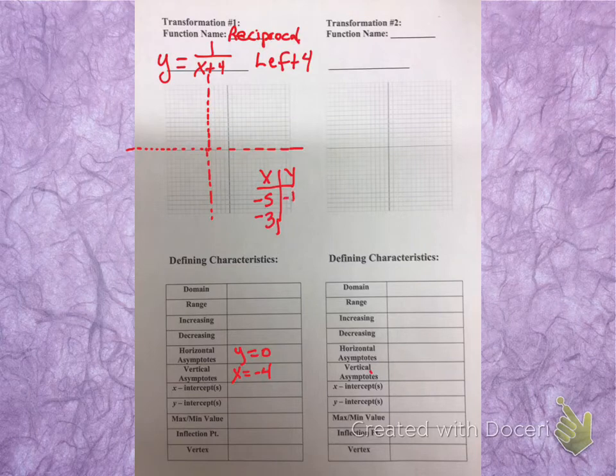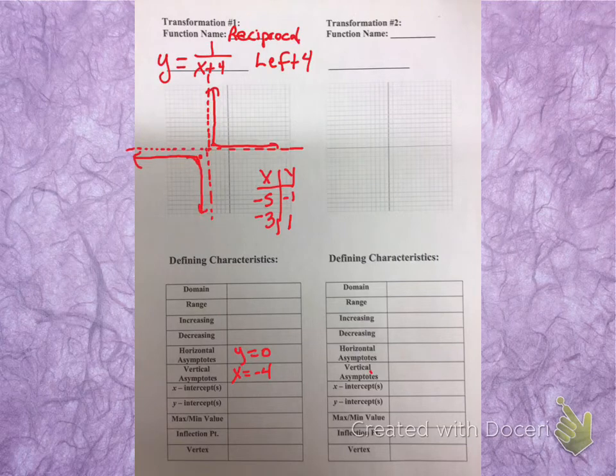If I plug -3 into the function, I have 1 over 1, which is 1. So I have the point -5, -1, and I have the point -3, 1. And the graph will always follow this shape.